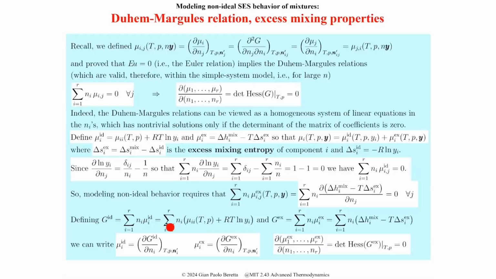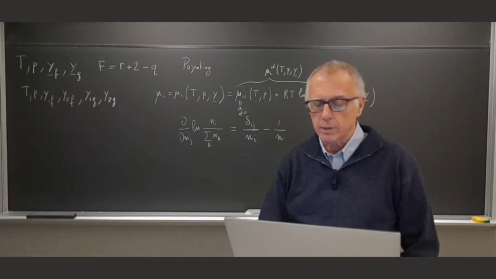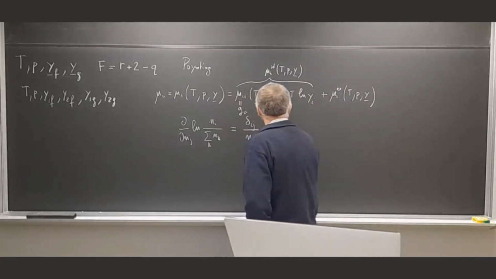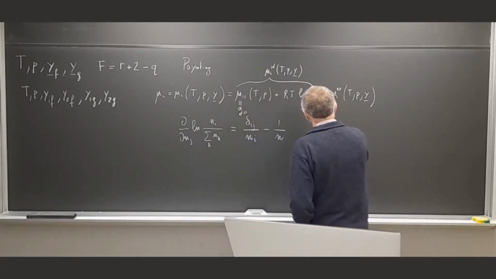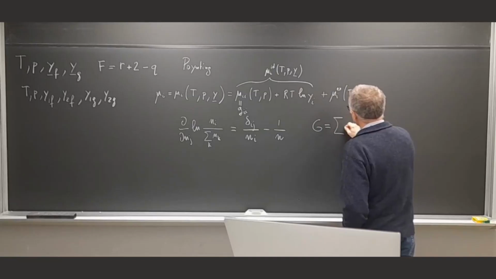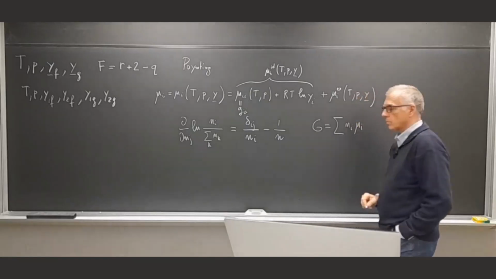Okay. So with that in mind, of course, another thing that we should remember is that the Gibbs free energy, if we are interested in the Gibbs free energy of our entire mixture, is equal to this.